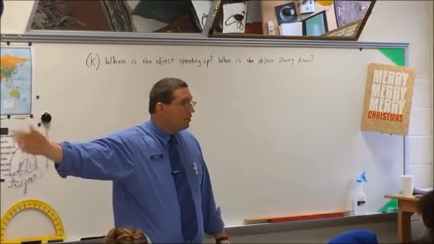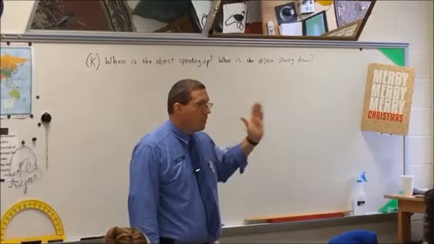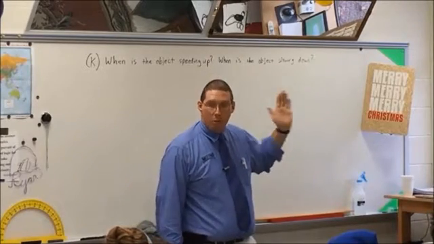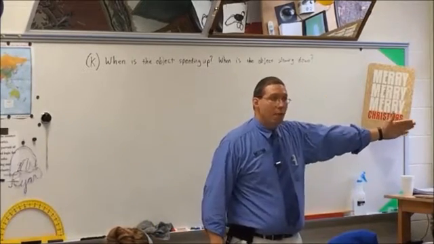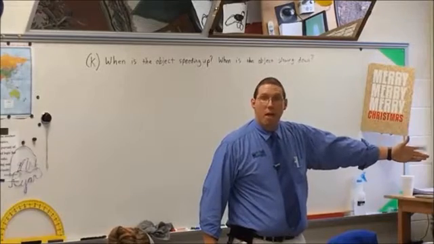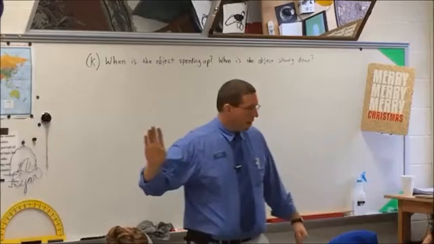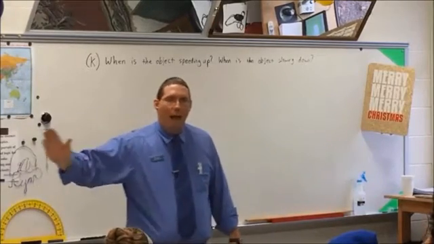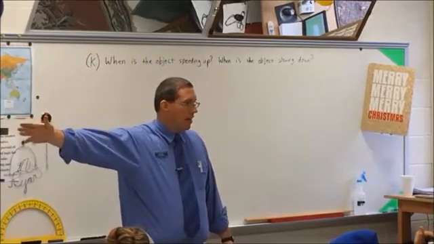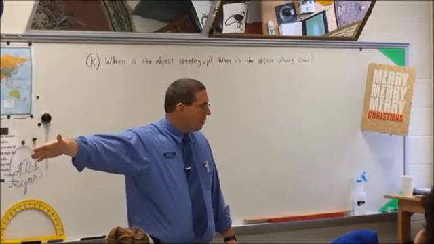In fact, typically what will happen is an object will speed up in a positive direction, then it will slow down in the positive direction, then it will stop. Then it will speed up in a negative direction, and then it will slow down in the negative direction, and then it will stop. Does that make sense?